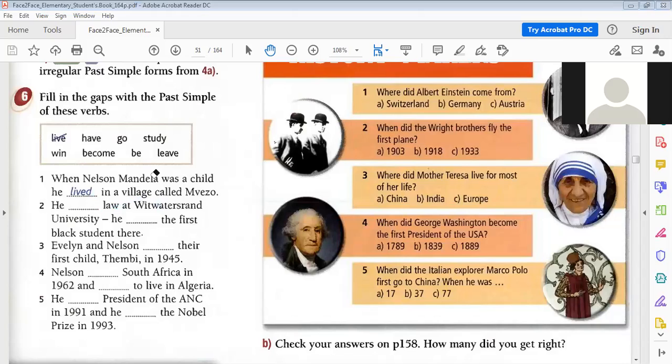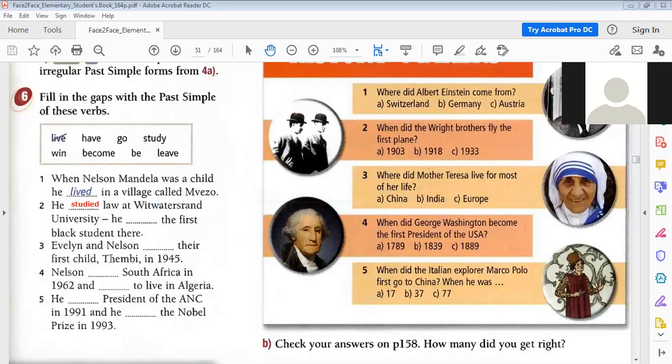Can you repeat your answer again? He studied law at Witwatersrand. Witwatersrand. I think maybe it's a Dutch word. Okay, it doesn't matter how it's pronounced, it's just a name.